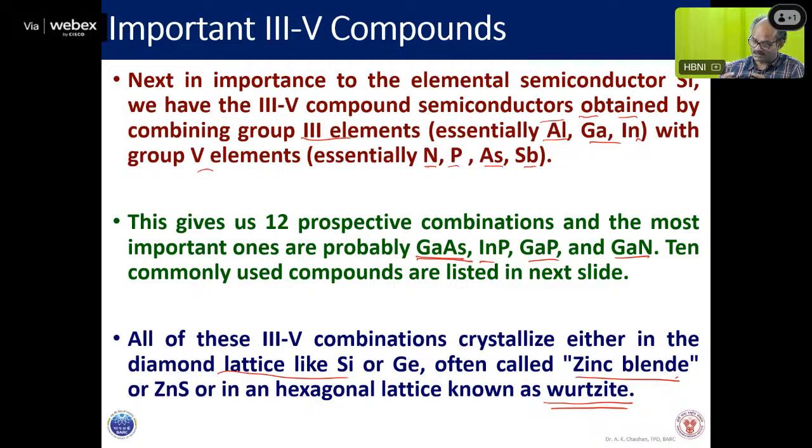HCP structure, that is hexagonal close-packed structure, and then try to make those 2 atoms, which were 2 spheres of the same size, of a different size, then this structure is called the Wurtzite structure. So you push a sphere between those 2.